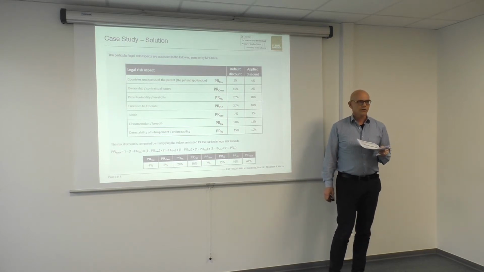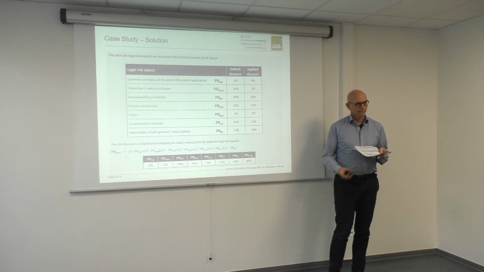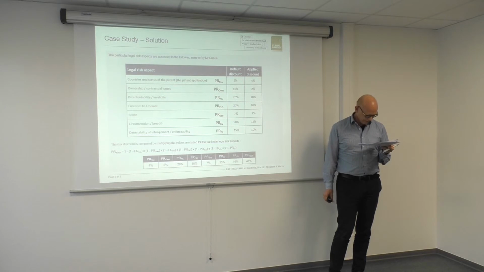We did a freedom to operate analysis. We think we have a good chance that we do not infringe any patents, as we have a good technology which is quite unique. The scope is 7%. This is a basic average.